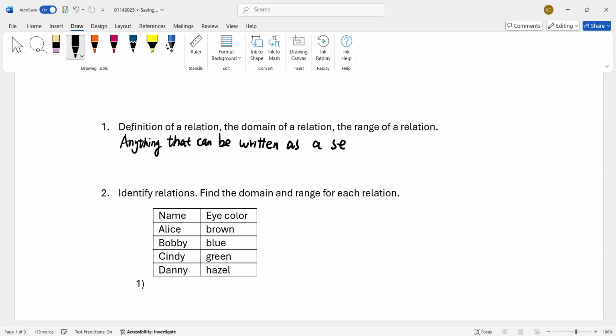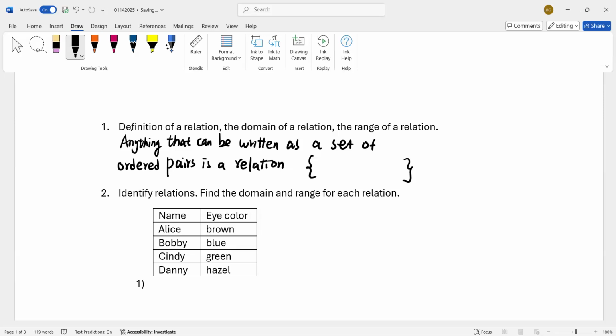The relation looks like this. The braces is the set notation. The elements in the set notation are the members of the set. A relation is a set of ordered pairs.